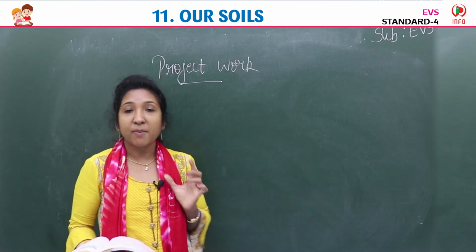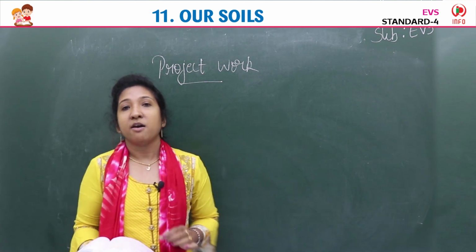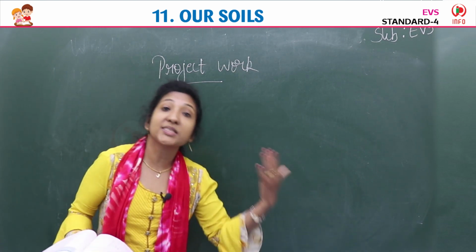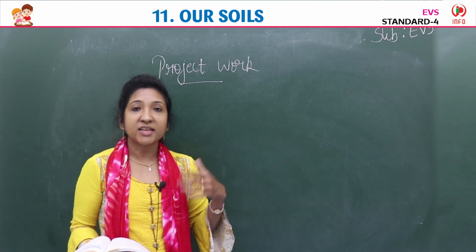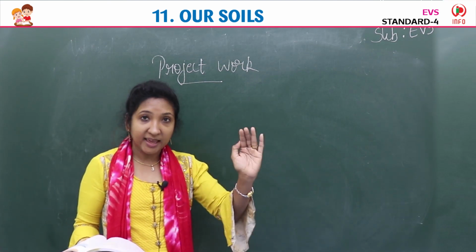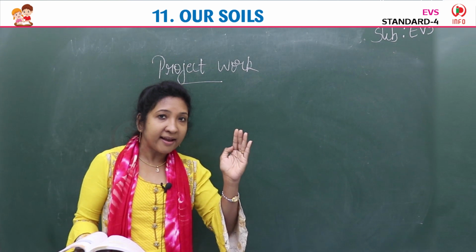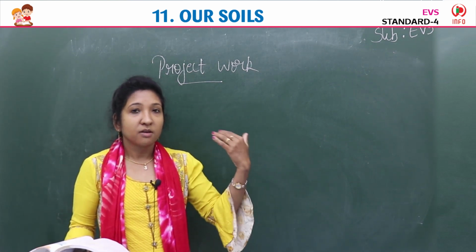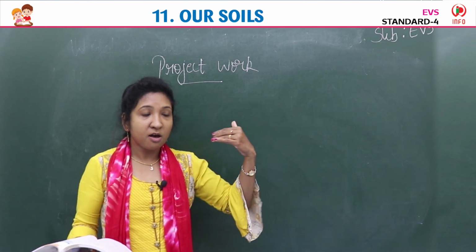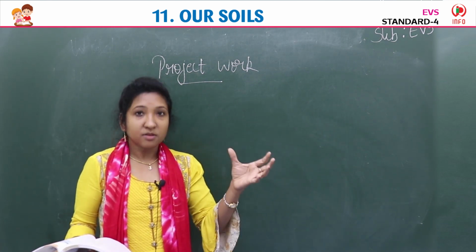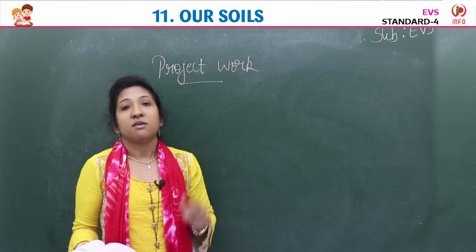In this map you have to mark where a particular type of soil is found in which state. Just look at the map in your textbook and write where black soil is found in which state, alluvial soil in which area, or desert soil in which state.